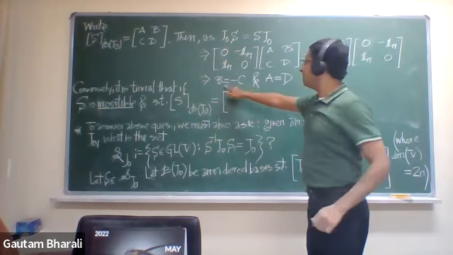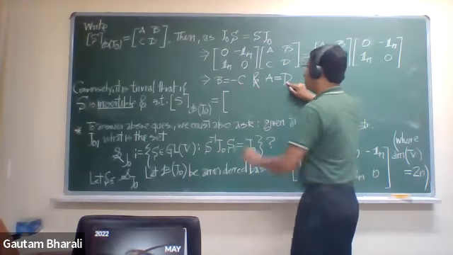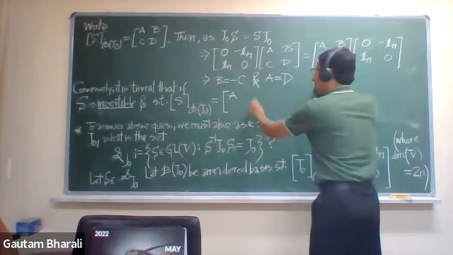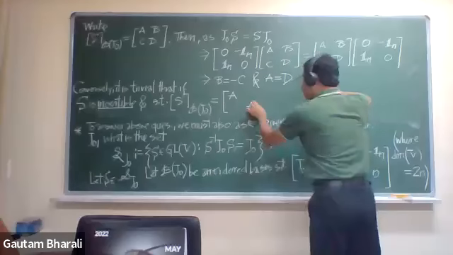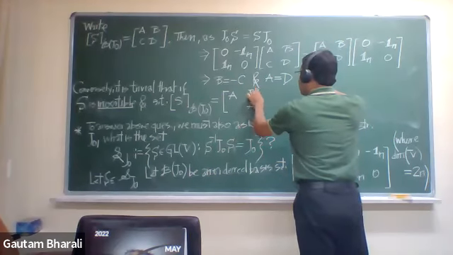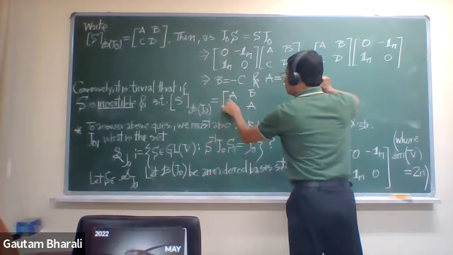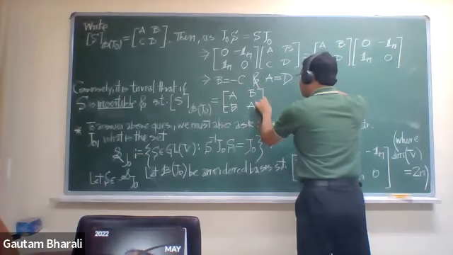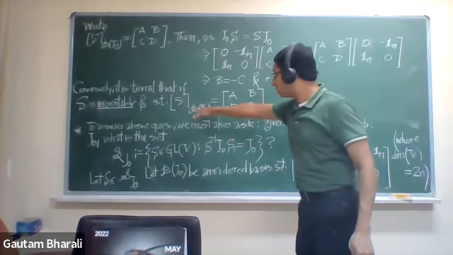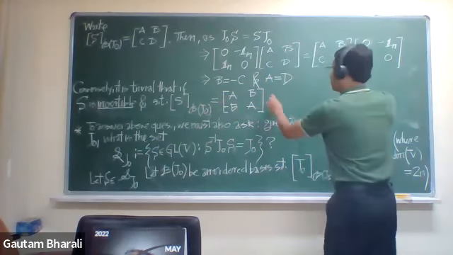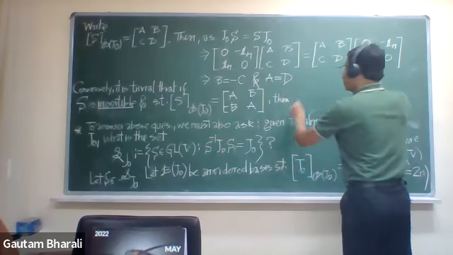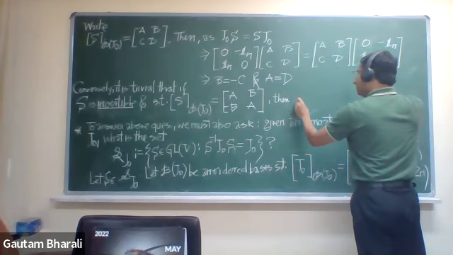So what does B equal to minus C and A equal to D mean? That means the top left-hand block must be the same as the bottom right-hand block. And the top right-hand block must be equal to the negative of the bottom left-hand block. So you see, it's trivial that if S is invertible and this holds, then what do we have?